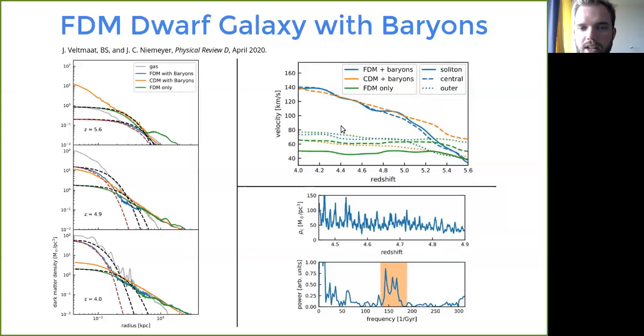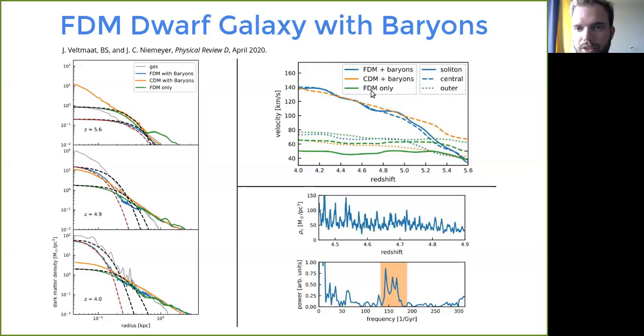We can then look at velocities, and we namely look at velocities at 3 different radii. So at the soliton itself, then its immediate surroundings, and basically at the virial radius. So this is the outer region in the dotted lines.